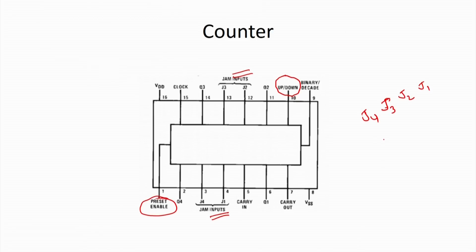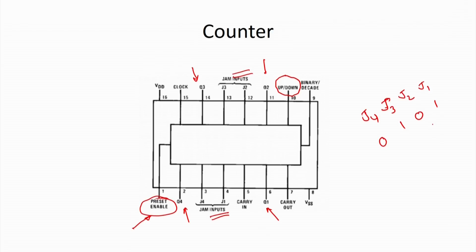In that case, if I give 1, 0, 0, 1, and I enable this preset, then what will happen? We are going to set this counter to 0, 1, 0, 0, and these are the Q bits, these are the outputs. So, in this counter we are going to get the output as 0, 1, 0, 0.